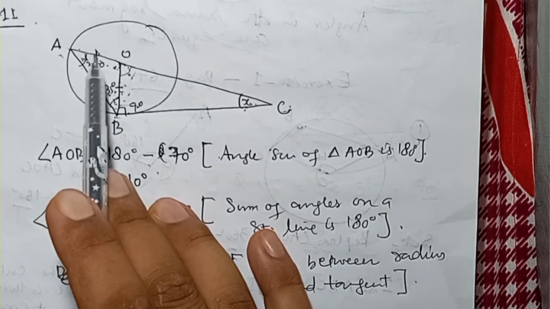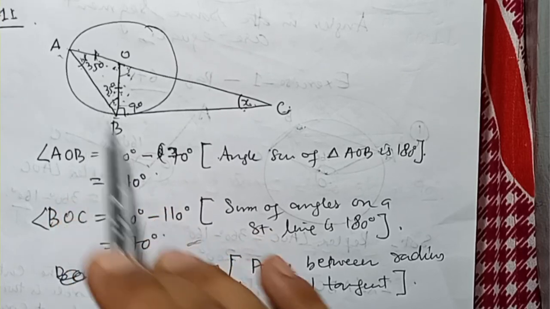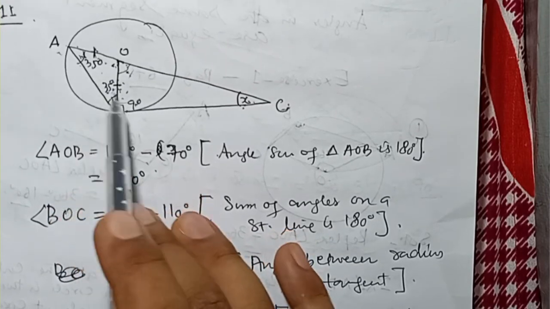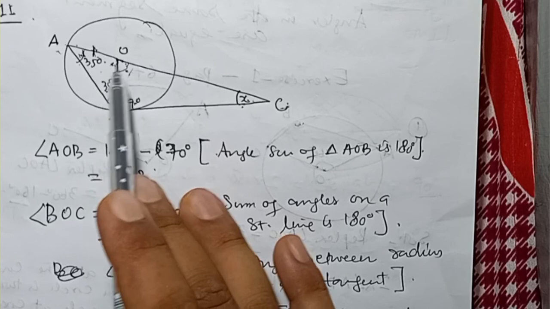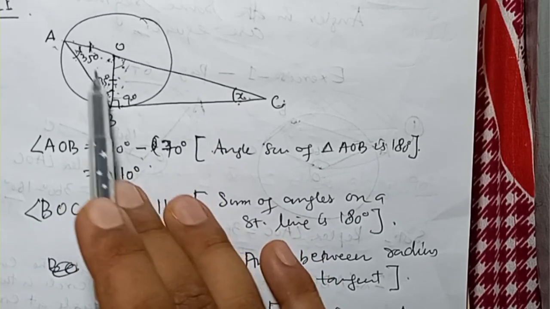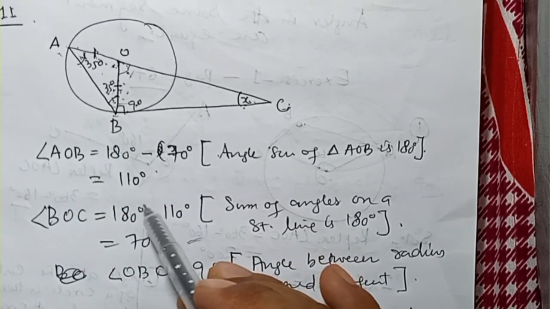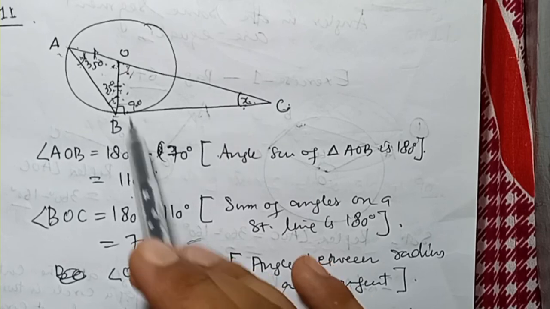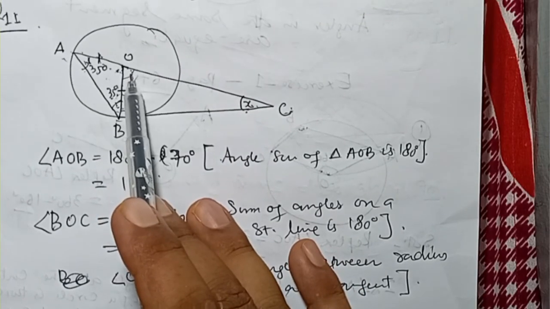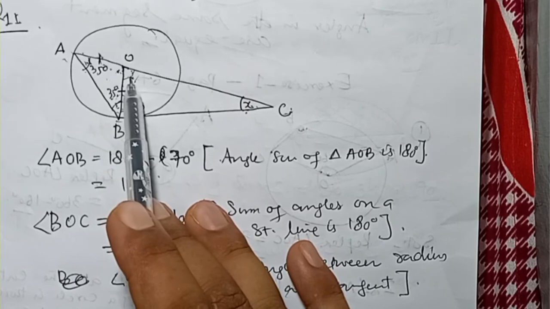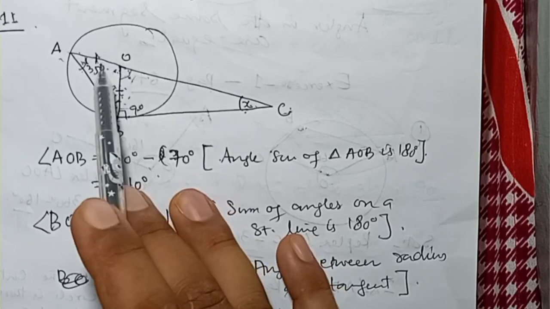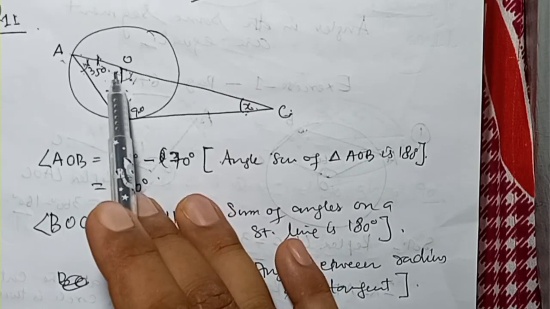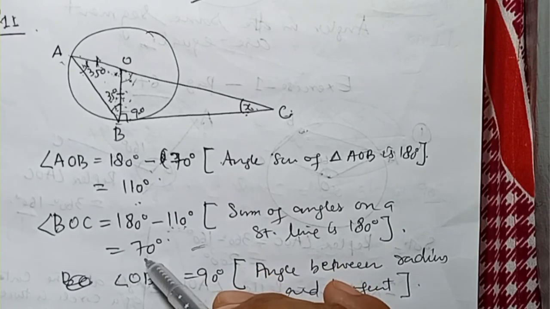Now this is 35 because this is the isosceles triangle. Now we will find this angle, that is 180 minus the sum of these two angles, that is 110 degree. Since this is a straight line, this angle will be equal to 180 minus this angle, that is 110 degree, that is 70.